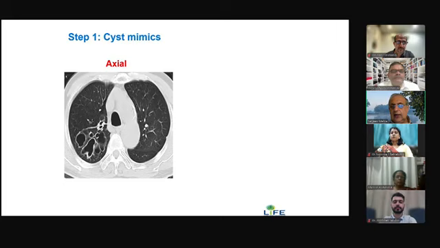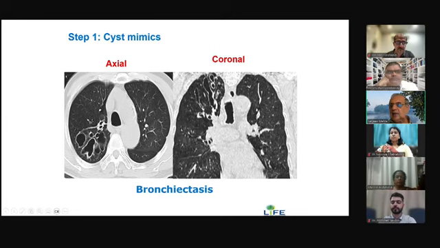So I know that Dr. Khushboo alluded to this. Well, if this is a cyst which is looking a little deformed, then you must look at various reconstructions, and you will see, and she rightly said, it connects to one another. So this is not a true cyst, this is bronchiectasis.